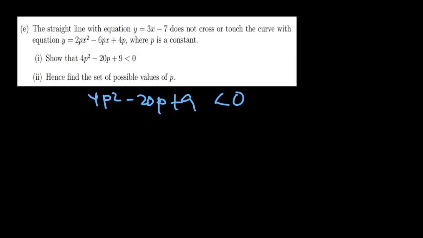We solve this quadratic part in the same way we would solve a quadratic equation. Once you get those two answers, you check the type of sign that you have. If you have a less than there, your final answer will be like this: you put a and then b, where a will be the smaller of the two numbers we're going to get from this quadratic equation, and b will be the bigger number.